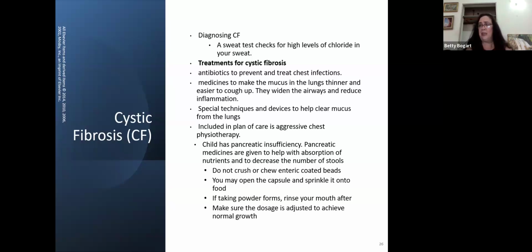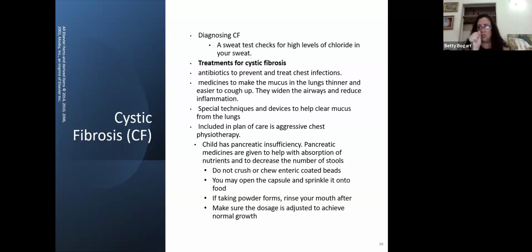And then we're going to give something to help these children digest the fat that they can't get, because they need the calories. And we give a pancreatic enzyme. There's a specific way to give them. There are capsules, there's powder, there's little beads. Capsules, you can open them.